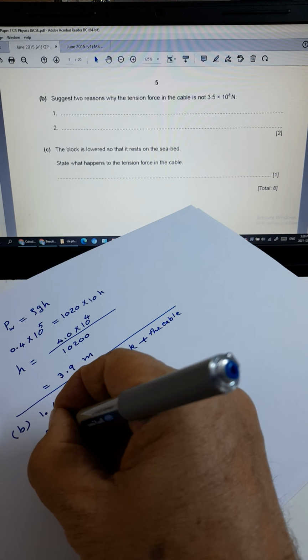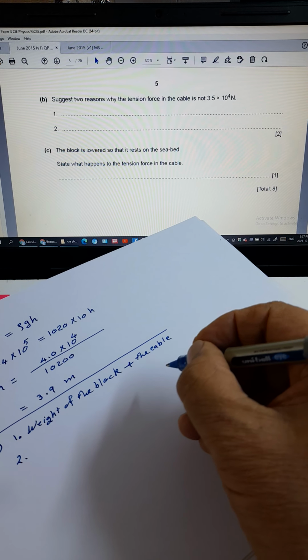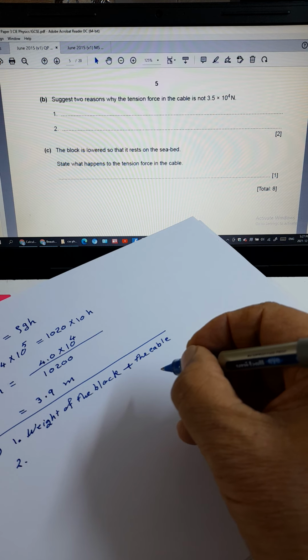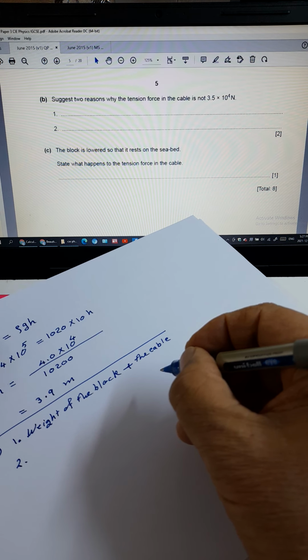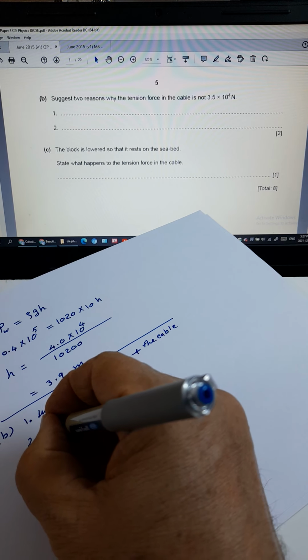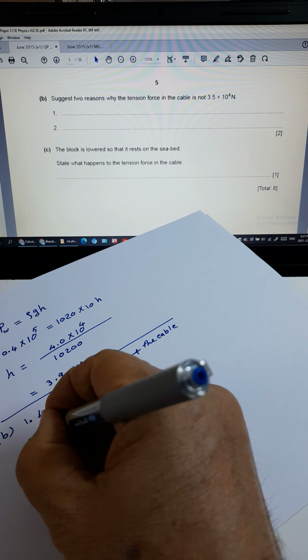The second reason is the floating force, according to Archimedes' principle. Any immersed object in a liquid suffers from a force pushing the objects up. So the second reason is the floating force due to water.